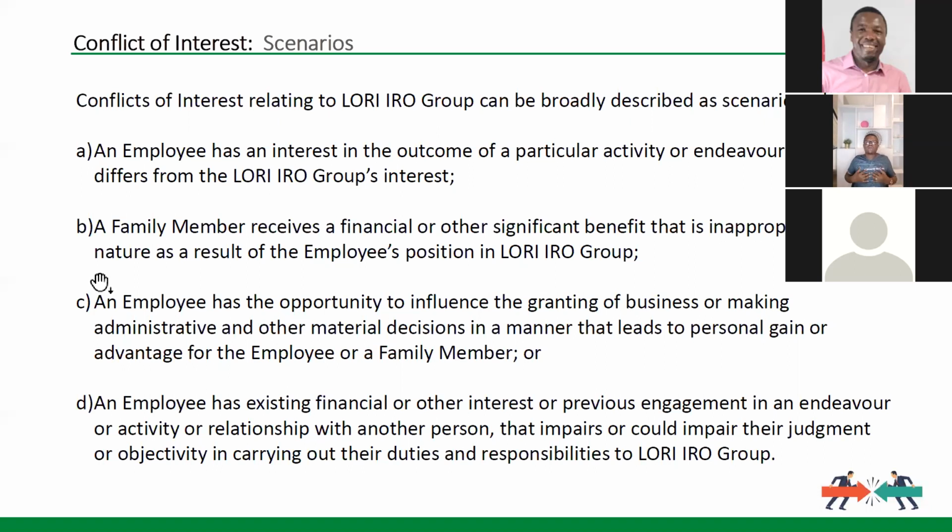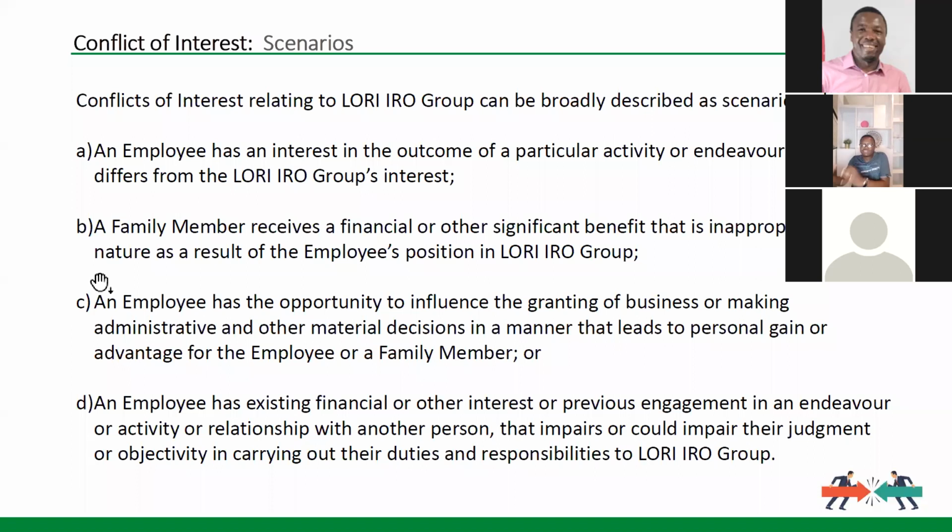So your organization has an interest to do a particular item, but you have your own personal interest, and that interest will confer a benefit to you or to a loved one. That's a type of conflict of interest. Most conflicts of interest fall in these 4 categories.